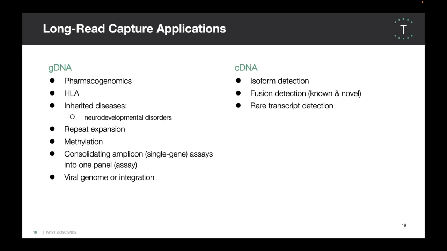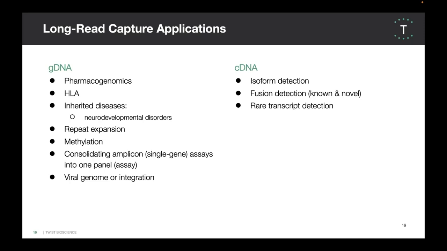And also rare transcript detection, because if you do the whole transcriptome scale, you may lose the resolution on the lowly expressed genes. So if you want to see those lowly expressed transcripts, you can do enrichment, fish them out, and interrogate them deeply.